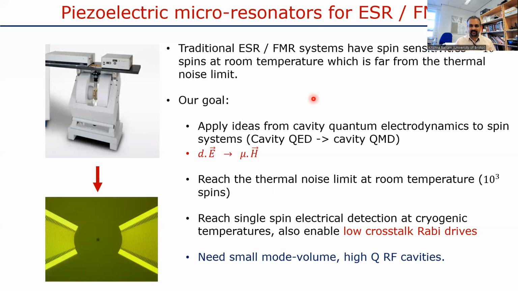The main reason, again, is that there is this massive mismatch between the size of your spin system, which is deeply nanoscale, and the centimeter scale wavelength of the electromagnetic fields that you're putting on. And so the question becomes, can you use ideas from cavity QED, in particular strong field enhancement, and see if you can push spin detection towards the thermal noise limit?